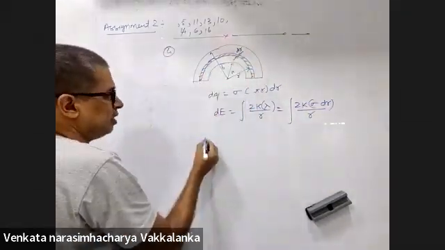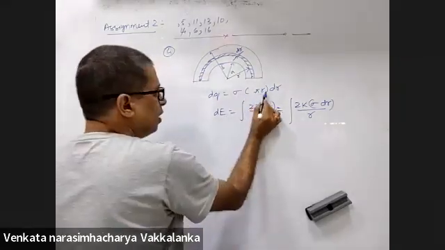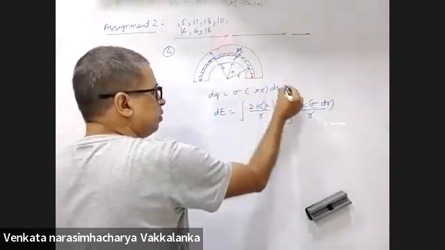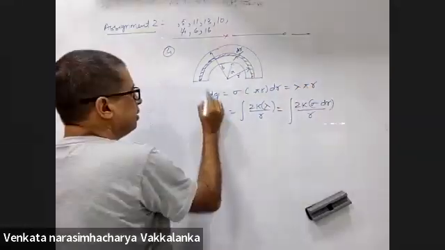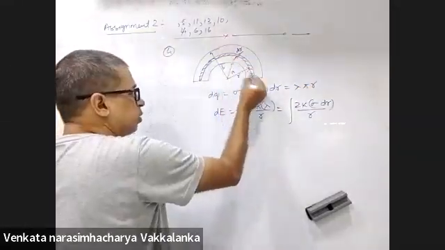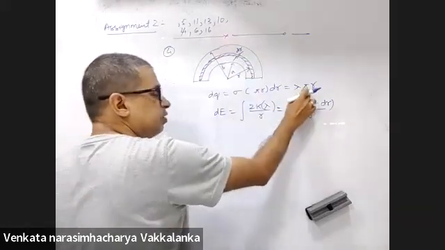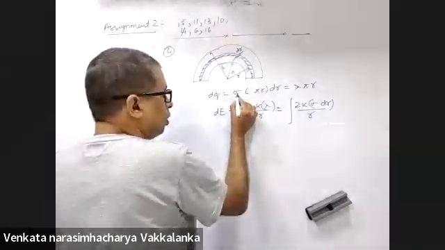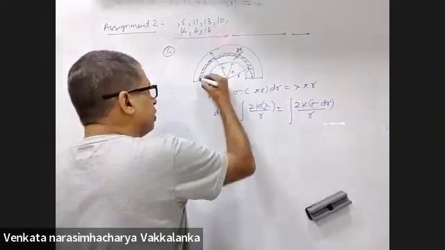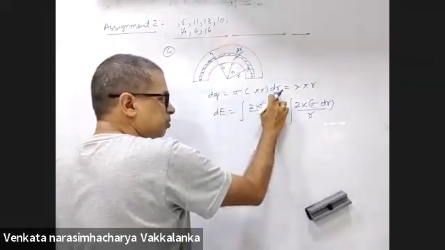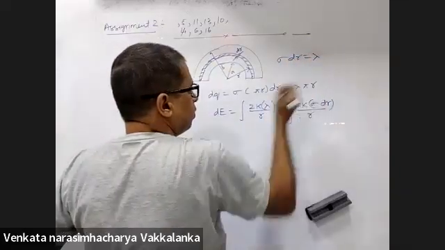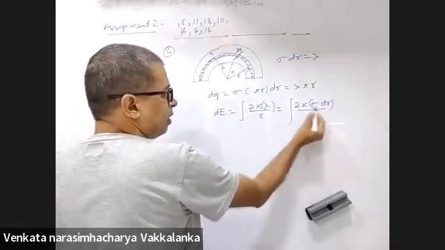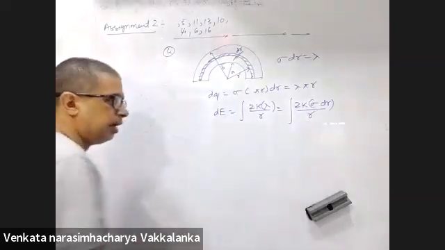What will be the charge dq on this? Sigma into pi r into dr. If not, lambda into pi r, dq will be charge per unit length into length, length is pi r, or charge per unit area into area of the strip, area of the strip is pi r into dr. So sigma dr is equal to lambda. Lambda is sigma dr. As simple as that.